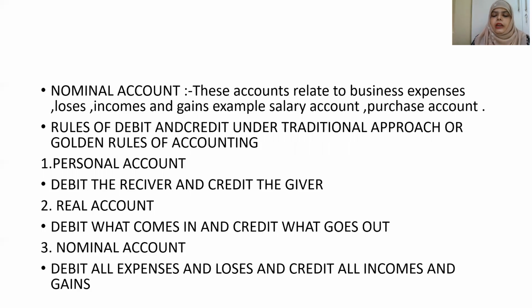Debit the receiver and credit the giver. Whenever it is a personal account, for example, an individual person, Sabha's account, anything received by me is to be debited, anything given by me is to be credited. Suppose Sabha purchased a mobile phone worth rupees 50,000.